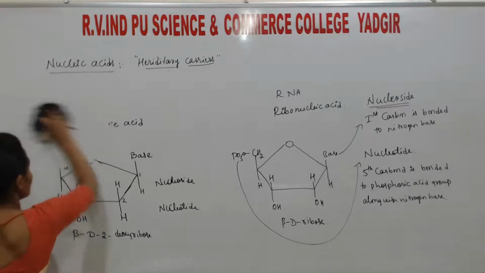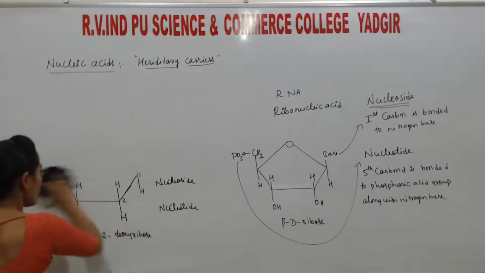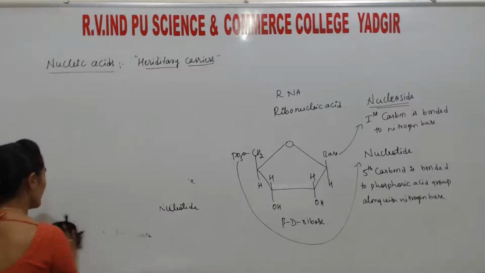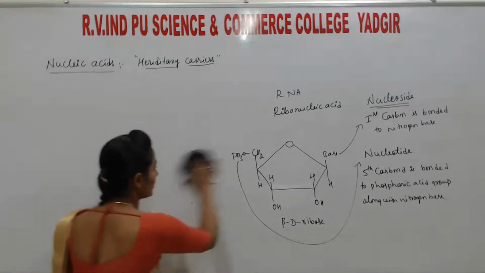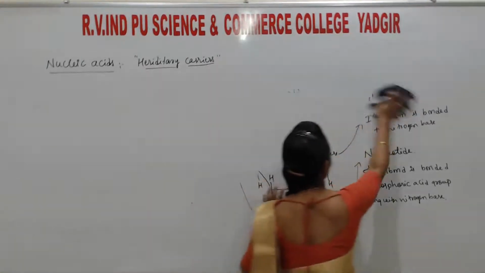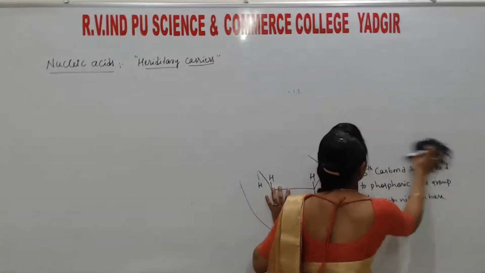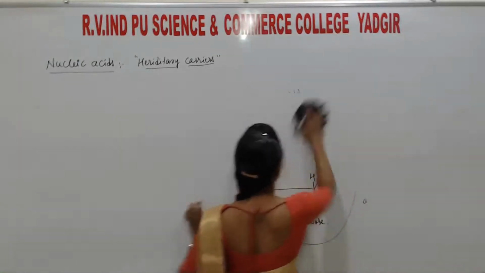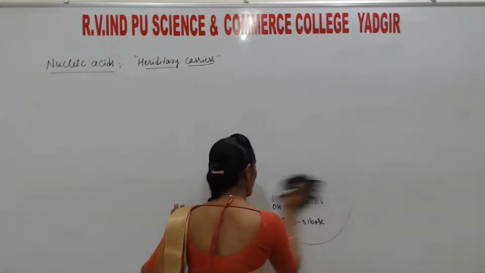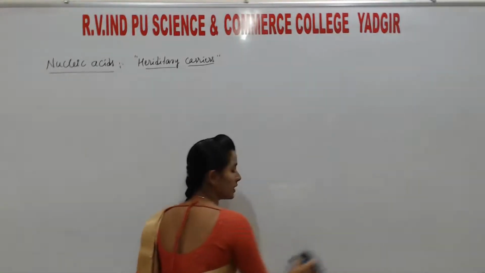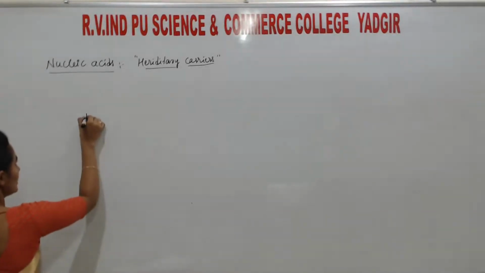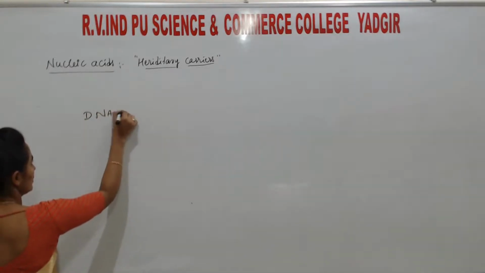Okay, so the next thing, students, the very important thing is what are the nitrogen bases present in DNA and RNA. There are 4 nitrogen bases present in DNA and RNA.